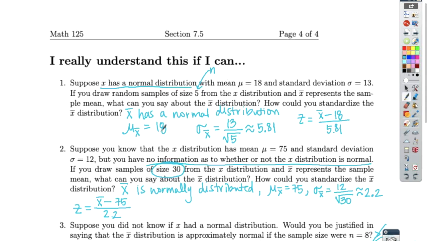Review sections 6.2 and 6.3. Just read through your notes real quick, 6.2 and 6.3, because they are about binomial distributions, and we're going to be applying all this stuff to binomial distributions in the last section of chapter 7. I'll see you then.